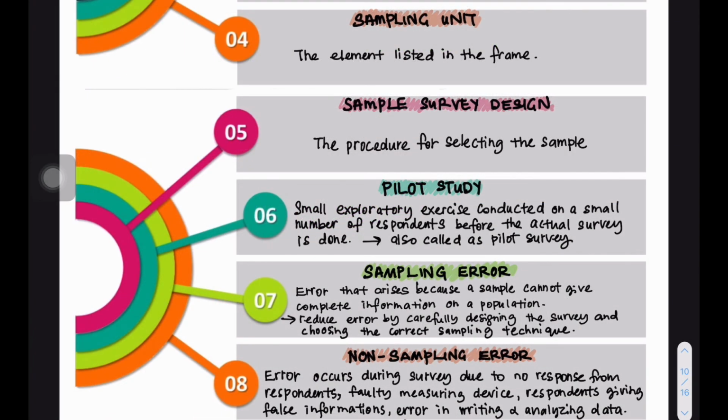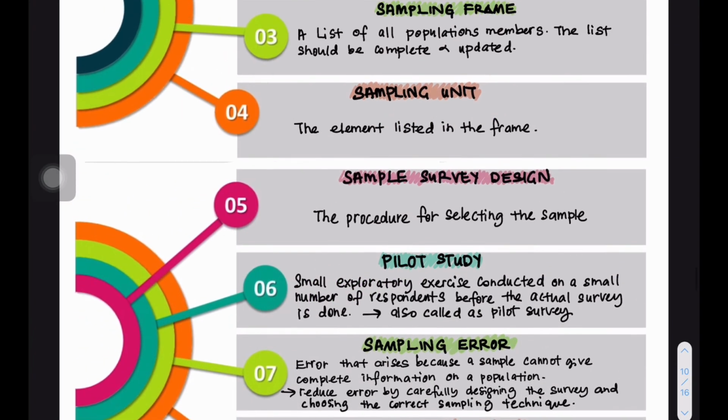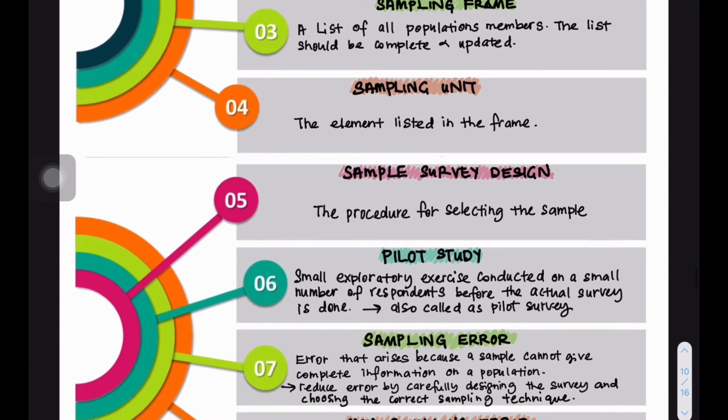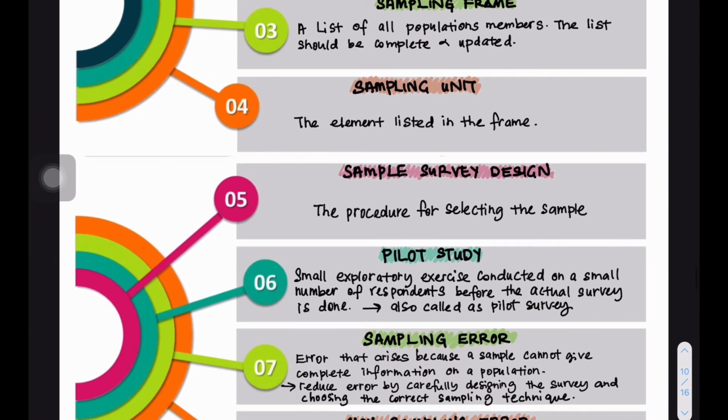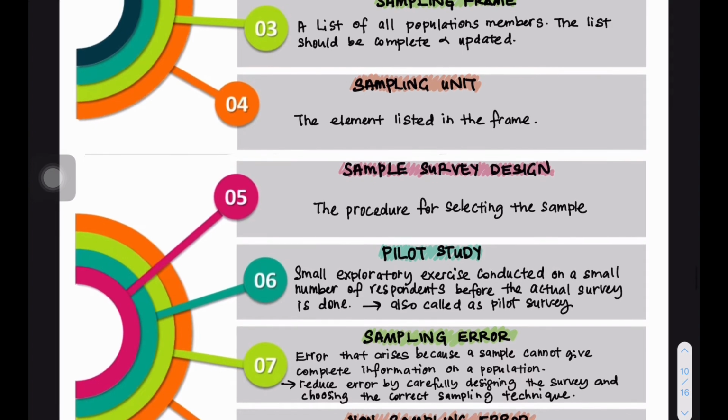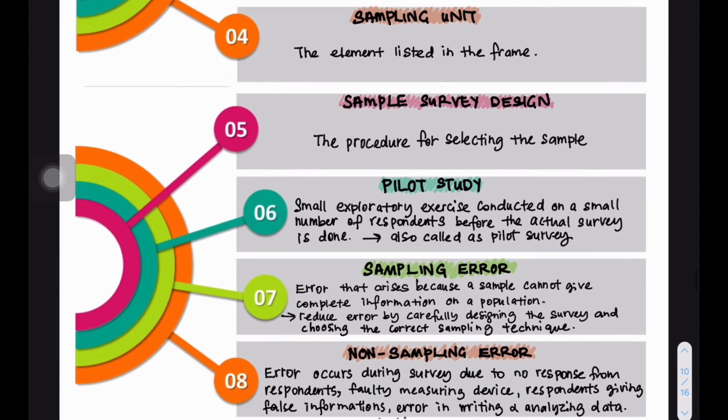Okay, tadi kita dah tengok sampling frame, di mana sampling frame ni adalah a list of all population members. Okay, so dia mestilah list yang complete dan updated untuk population tersebut. So now we want to see about sampling unit. So what is sampling unit? Sampling unit is the element listed in the frame. So dalam sampling frame adalah list of population members, mestilah complete list of population members. So what is sampling unit?